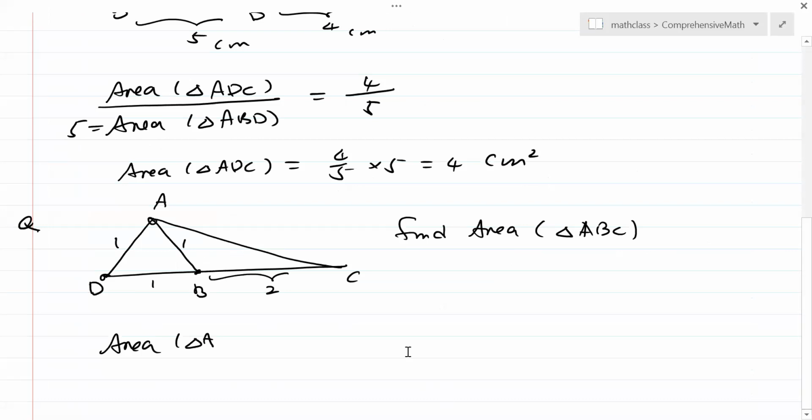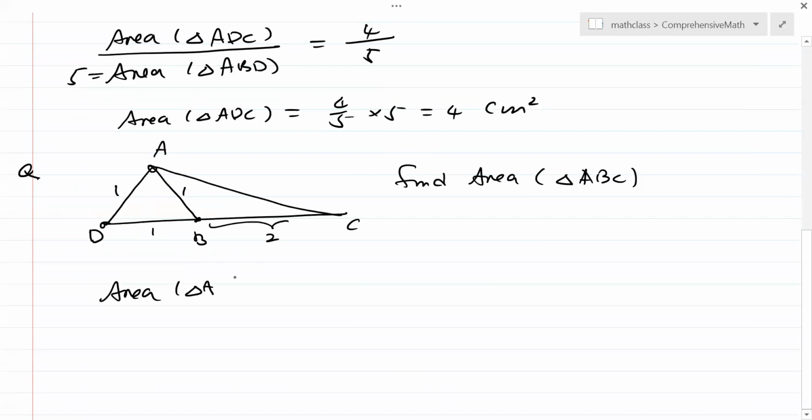All right, so the area of ABC is going to be twice, actually 2 over 1 times the area of ABD. And we already know the area of the equilateral triangle, so that's our answer.